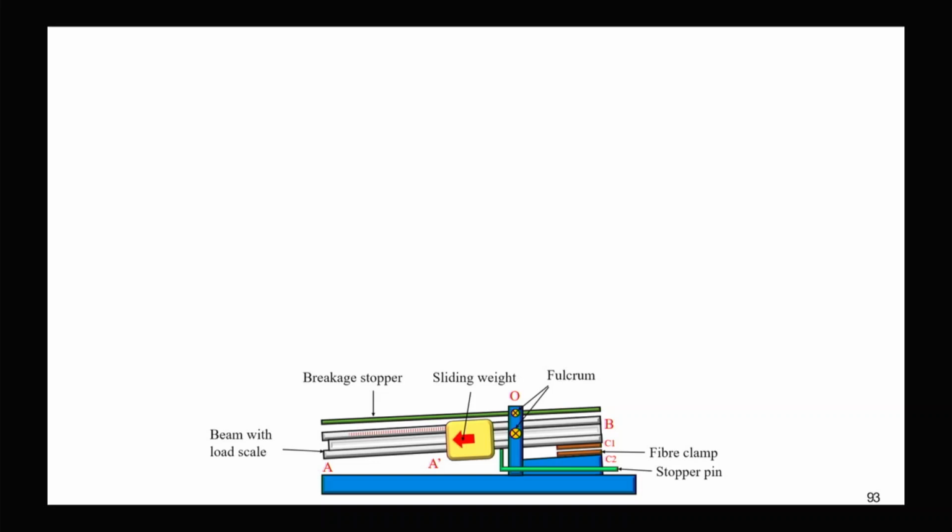Now the instrument which works with this principle is called the Pressley fiber strength tester. In the Pressley fiber strength tester, we use the same fiber clamp which we use in the Stelometer.